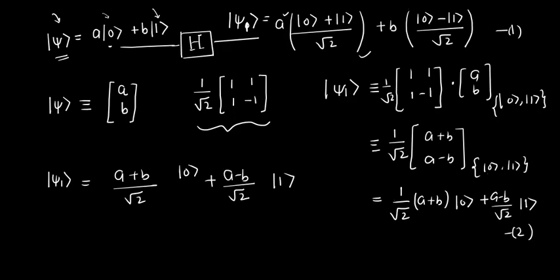Or if you know the matrix corresponding to H, you can first write the equivalent notation of phi in vector form, A ket 0 plus B ket 1, then multiply it with the matrix H and get this. How to write the Hadamard gate as a matrix we have already discussed in the class.